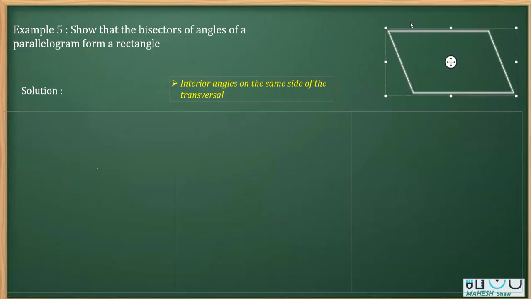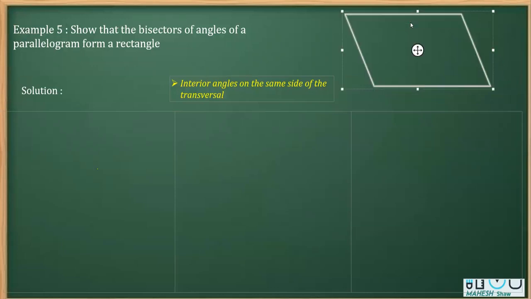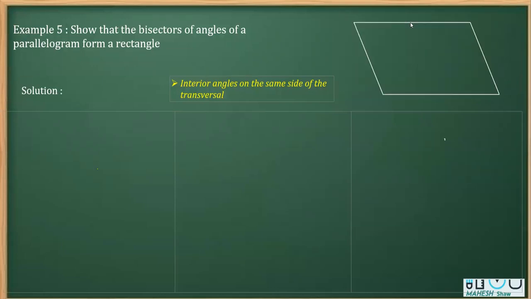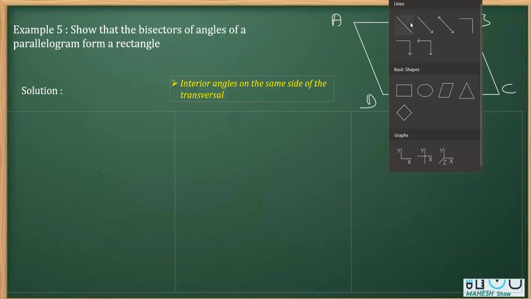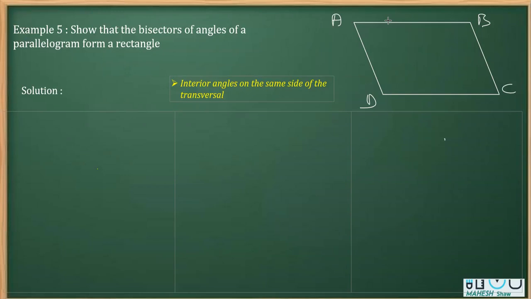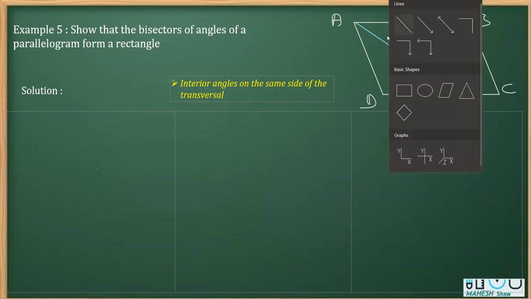Let's say I've taken a parallelogram and I name it as ABCD. And I'm going to draw the bisectors of these interior angles. Let's say this being the bisector of the interior angle A. This is for B. Likewise, we'll make the bisector.